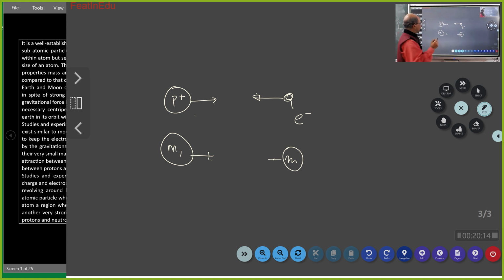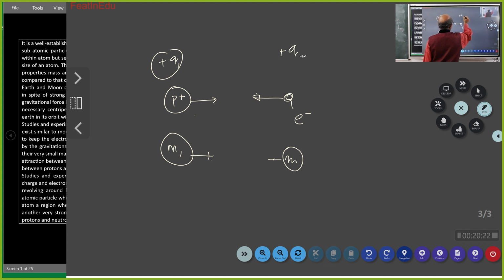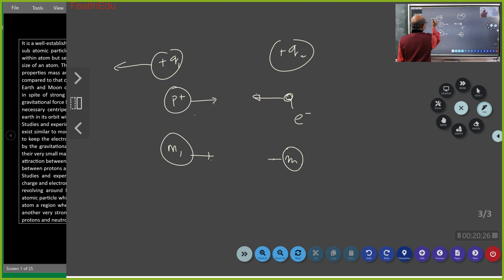Now there can be a positively charged particle Q1, and another positively charged particle Q2. Then again there will be a repulsive force on both sides. Oppositely charged particles attract, same charges repel. But in the case of mass, there are always attractive forces. That's the basic difference between the two.